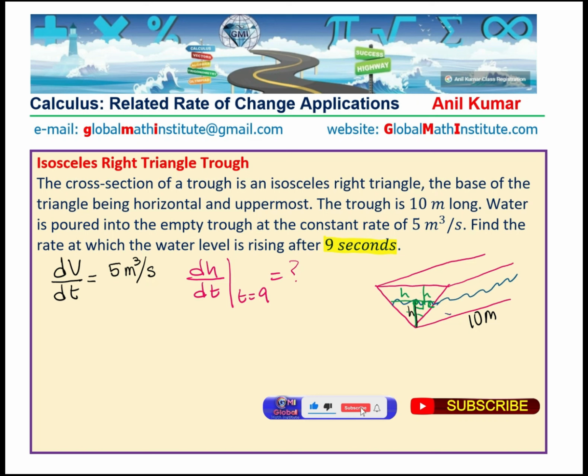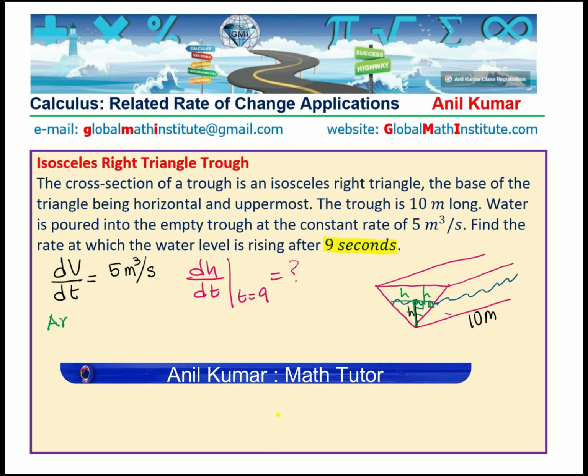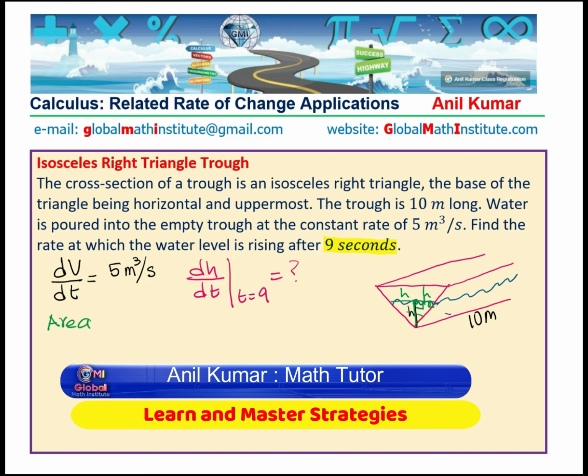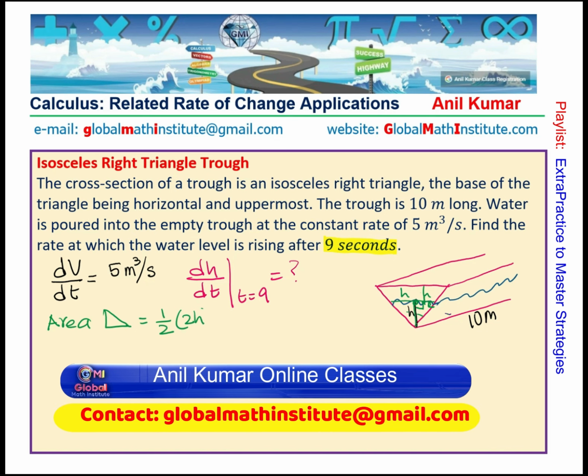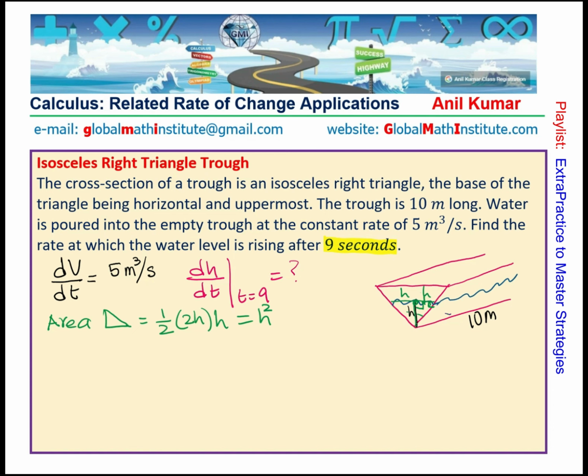So basically, the base of this triangle is 2h and height is h. So area of triangle is what? Area is half times base 2h times h. Means h square is the area of the triangle.